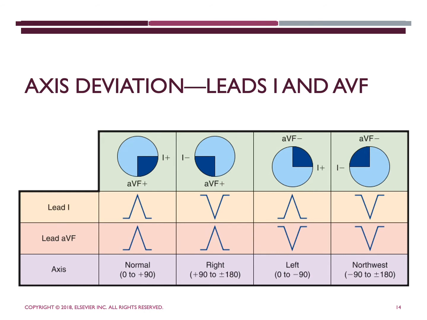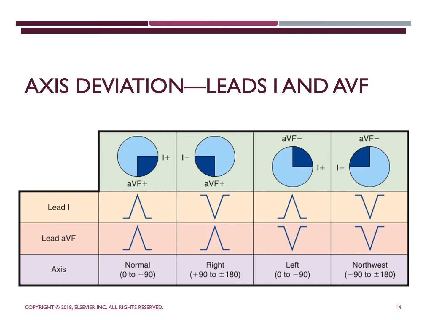If we have right axis deviation, what's going to occur is the QRS complex is primarily negative in 1 and positive in aVF. Right axis deviation is going to be present if that exists.